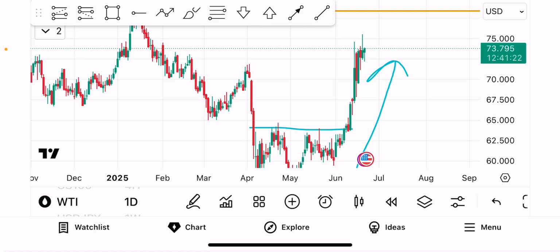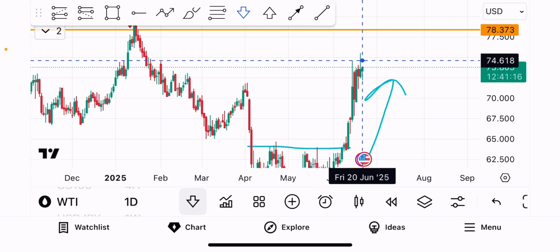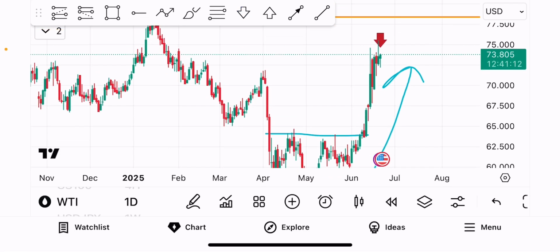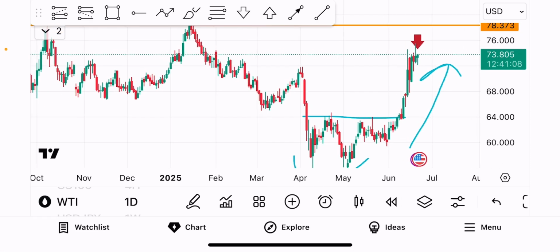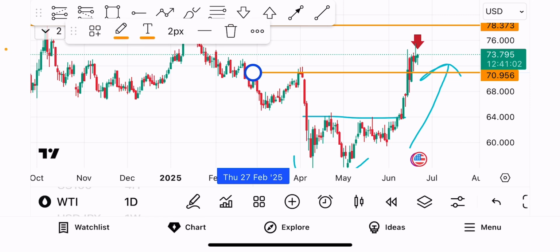So now we are currently trading at this price level here, and from the daily perspective, we are seeing an impulse move in this market, which currently closed above this $70 per barrel.